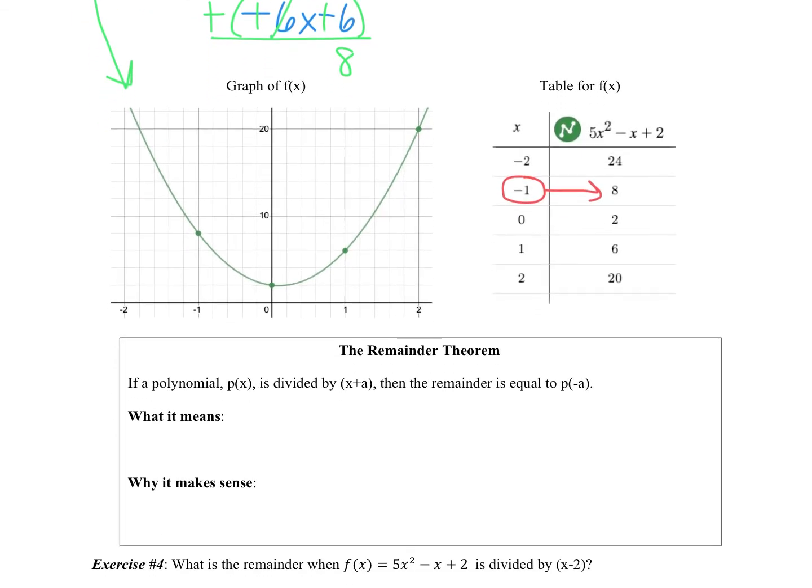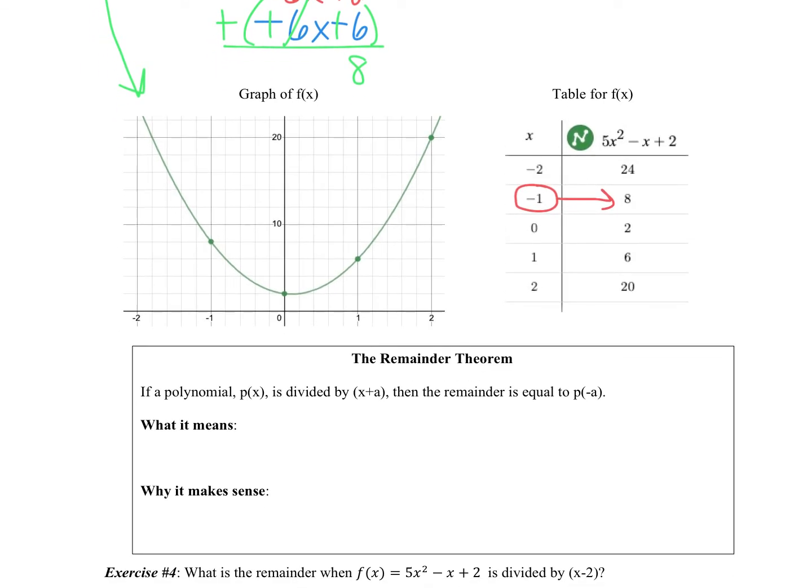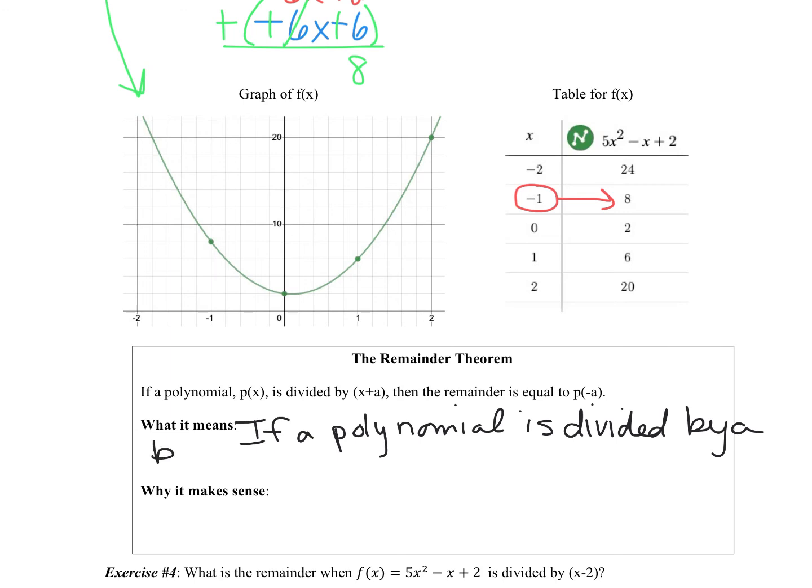If a polynomial p of x, so in our case we had f of x, 5x squared minus x plus 2, is divided by x plus a, then the remainder is equal to p of negative a. So what it tells us is that if a polynomial is divided by a binomial, and in this case, we're calling the binomial x plus a.